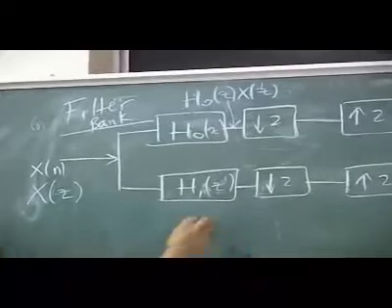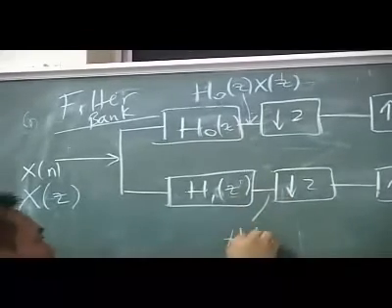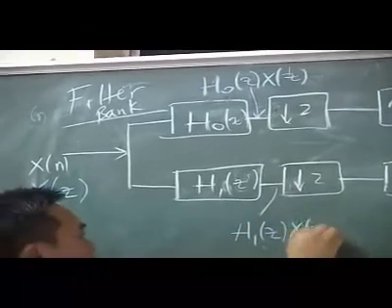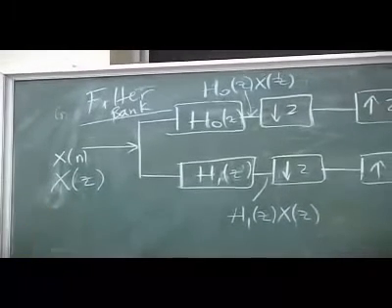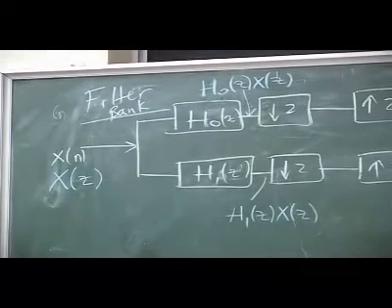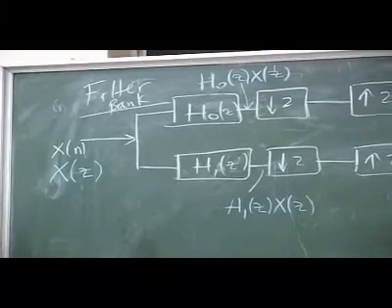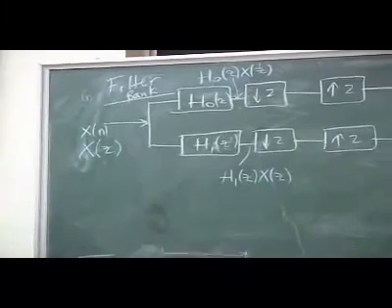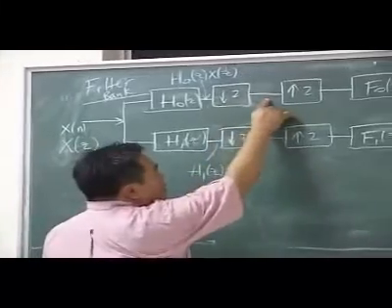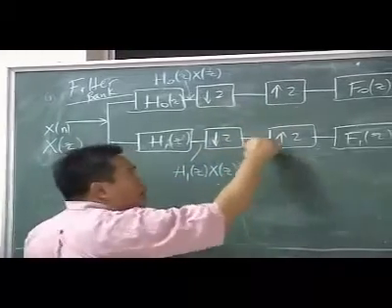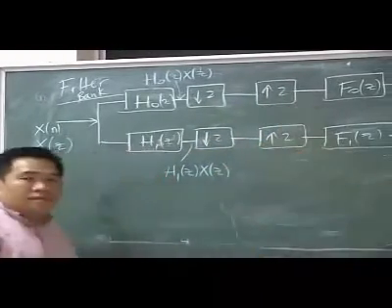Okay? And here we have H1 of Z, X of Z. So what's the next step? We can look at this signal, that signal, or this signal and that signal.